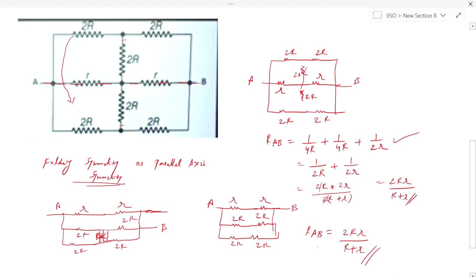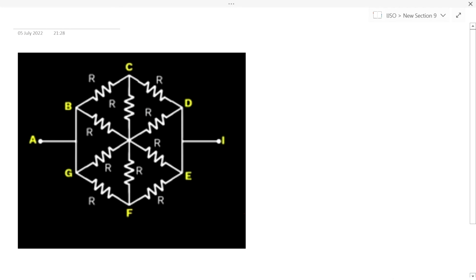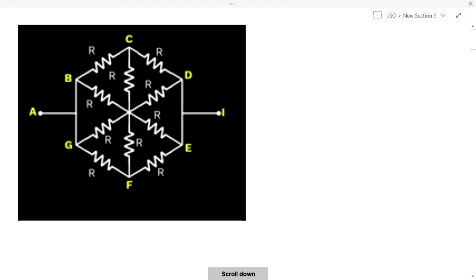Okay, now let's try down this one. Which way do you want, parallel or perpendicular? Perpendicular. Okay, then ignore CF.